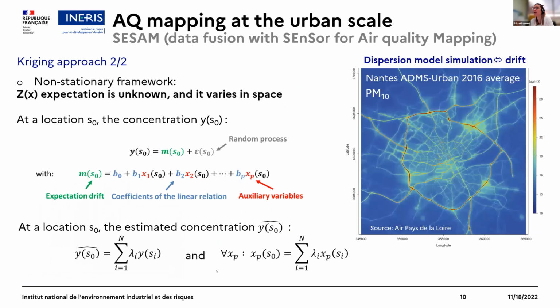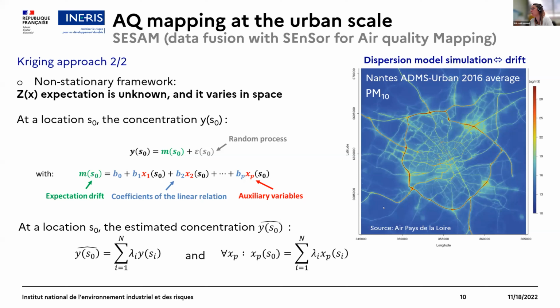In our case, we are in a non-stationary framework, so the expectation of the realization is unknown and it varies in space. For a concentration Y at a location S0, this concentration is the combination of the expectation drift, which is explained by a linear relation of auxiliary variables, and a random process.